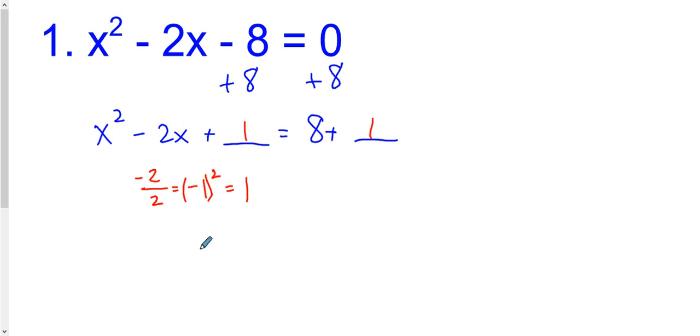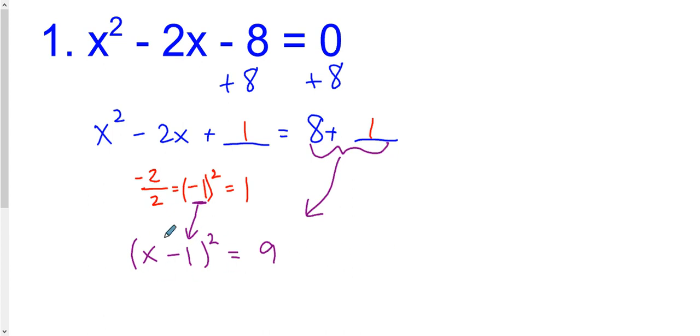Now, whenever I rewrite this, my skeleton is x something squared equals something. So on the left-hand side, whatever was in parentheses before I squared it comes down, so -1. And on the other side I combine 8 and 1 to get 9.